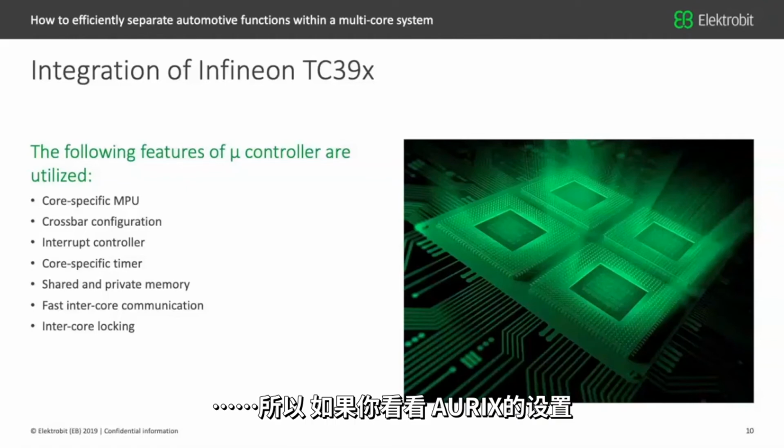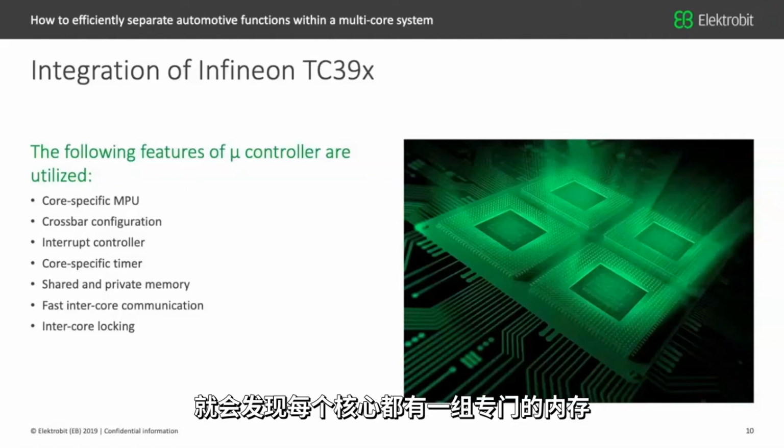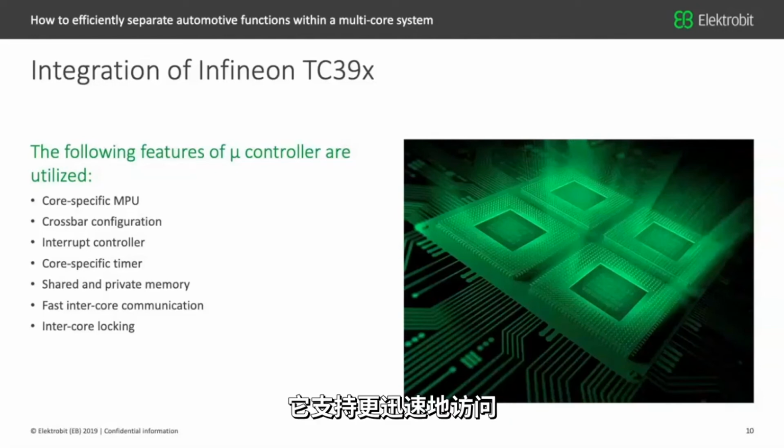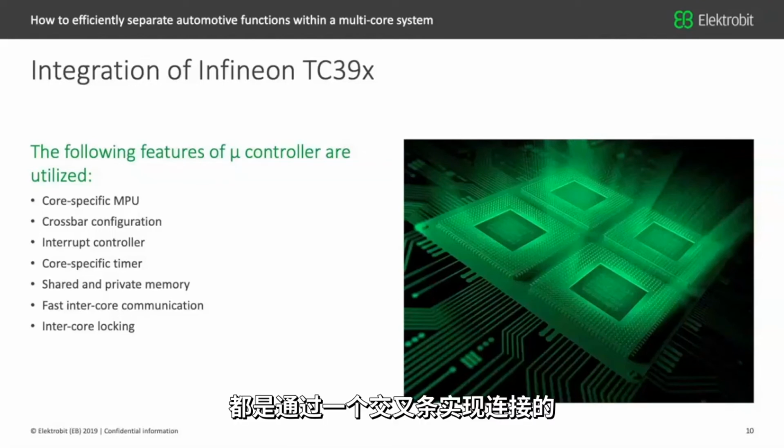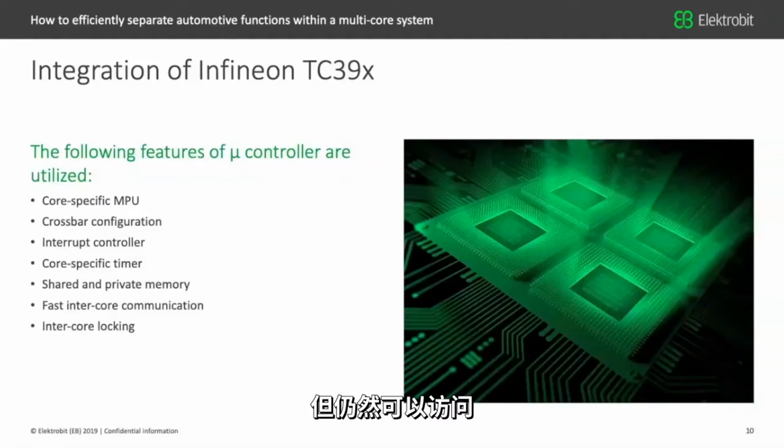If you look at the Aurix setup, each core has a dedicated set of memory which can be accessed faster, and all the other memory blocks are connected via a crossbar and have some more delay to access, but are still accessible. The core-specific MPU is not the normal memory protection unit.